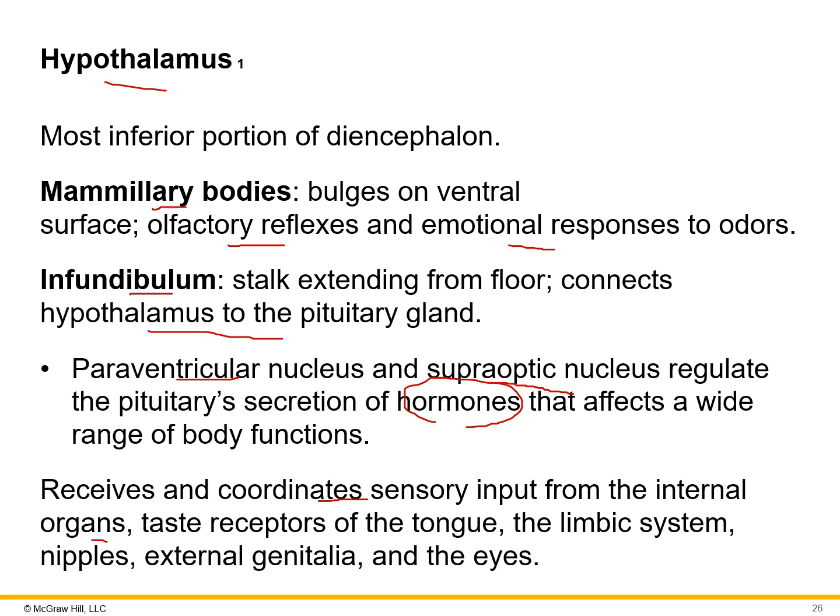So again, whether we're full or not, taste receptors on the tongue, come back to the limbic system, but also the nipples, external genitalia, and the eyes. So again, all of the diencephalon is this huge sensory relay system, and each part is involved more, some more with smell, some more with eyes, coordination, that type of thing.